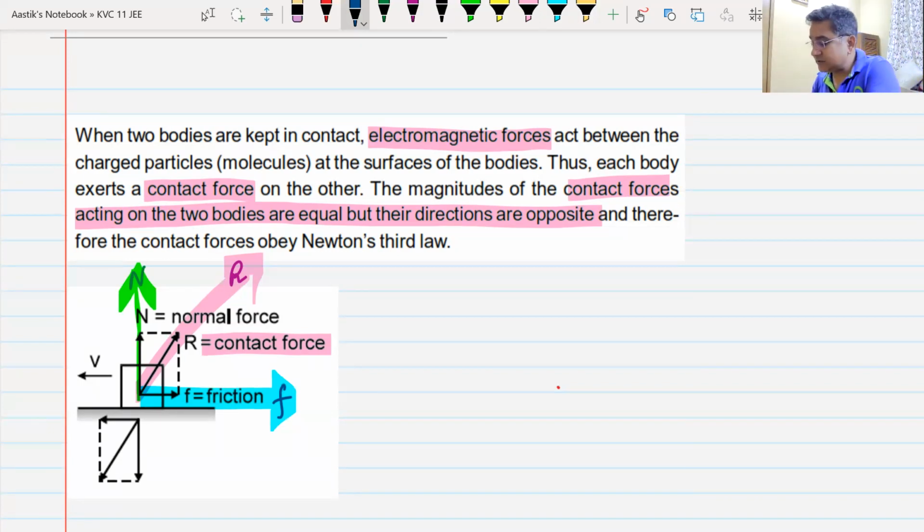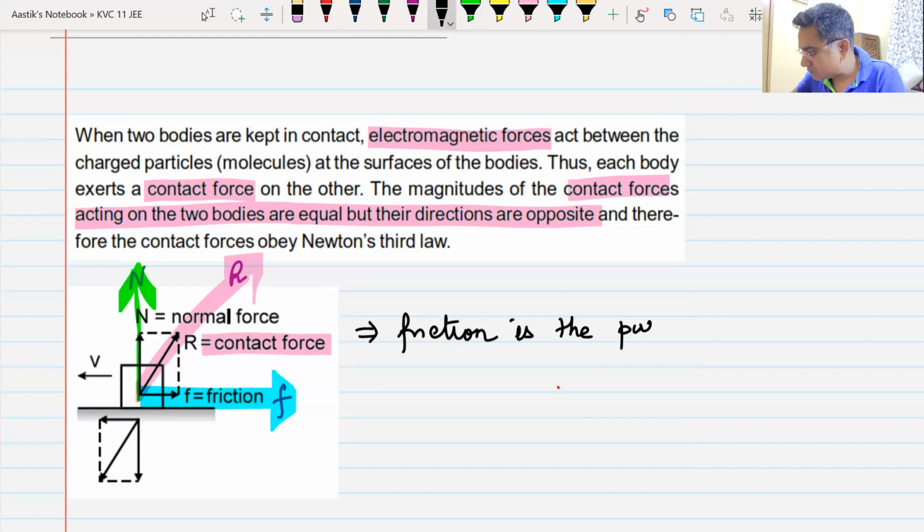So what is the point that you must remember about friction? Friction is the parallel component of contact forces.